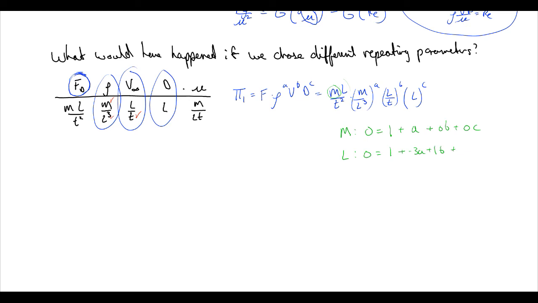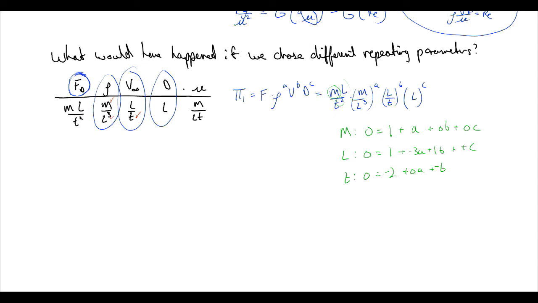And now time, we have 0 is equal to negative 2, because we have a negative 2 on bottom, plus 0a, plus negative b. We have a T to the negative 1b, and we have no T here, so plus 0c. Awesome. So both our b and our a are going to be easy to solve for.